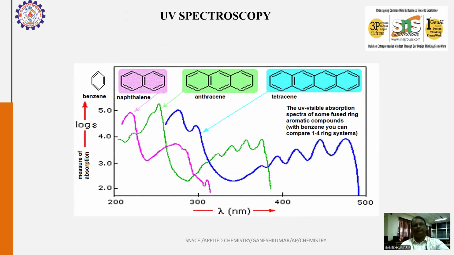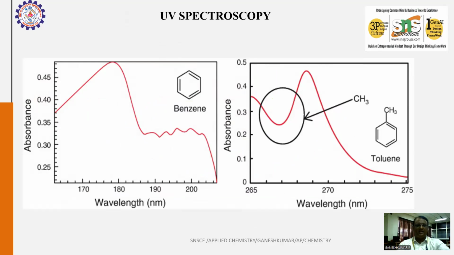For the violet light, it shows the presence of naphthalene, the green shows the presence of anthracene, and the blue light shows the presence of tetrazine. I'll show you some more examples. You see the absorption and wavelength peak. This is the output we get from ultraviolet radiation after it passes through a sample.